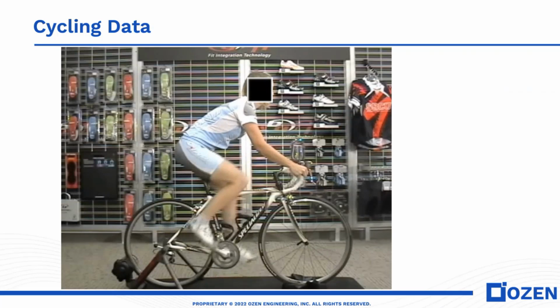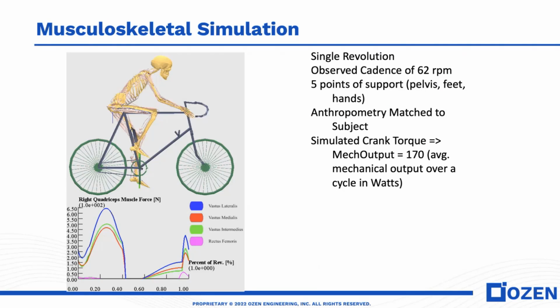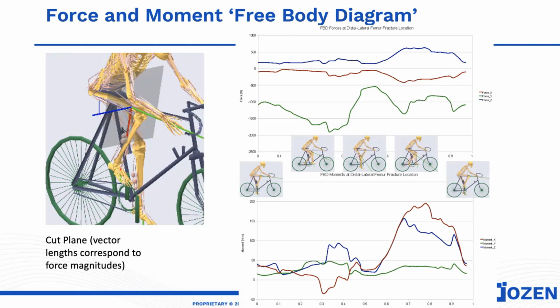This is one of the employees at Specialized Bike, where we were able to extract all the muscular information. And from the movie, we were able to get the skeletal as well as the load conditions, and did the musculoskeletal simulation, basically replicating the test conditions there.